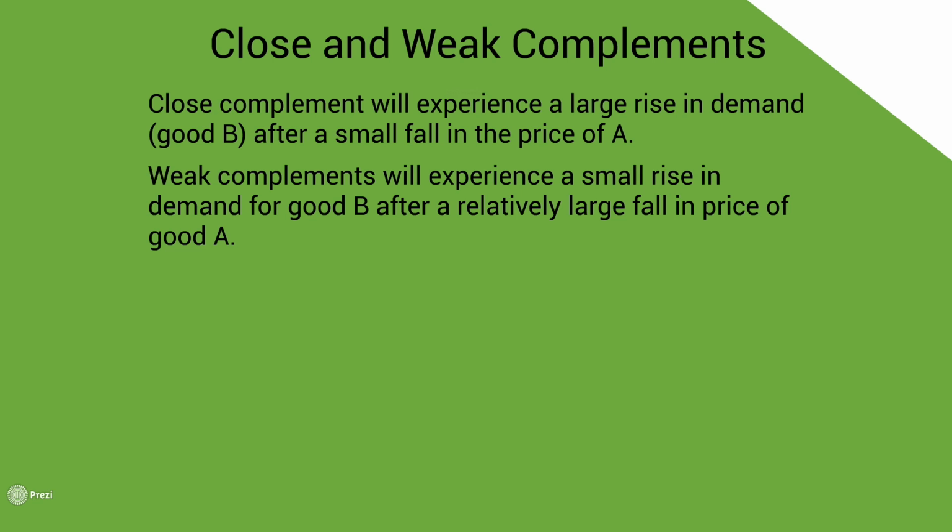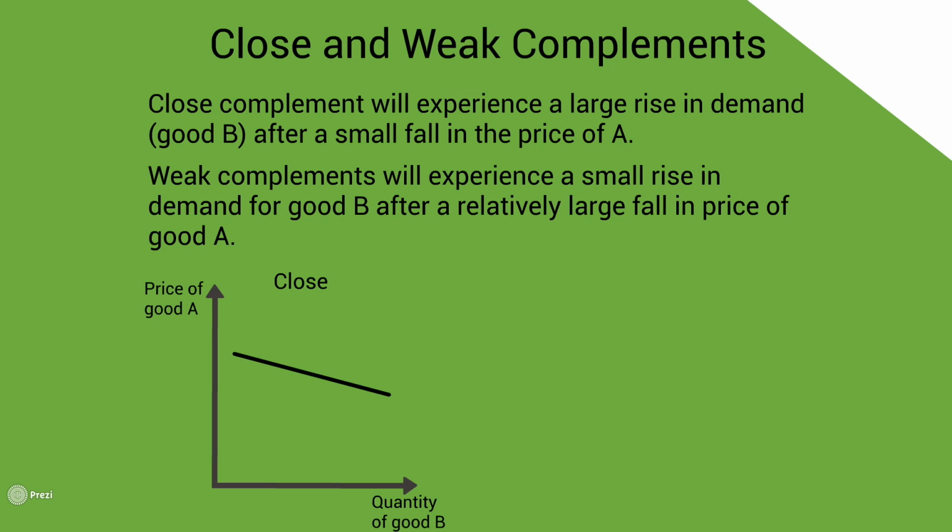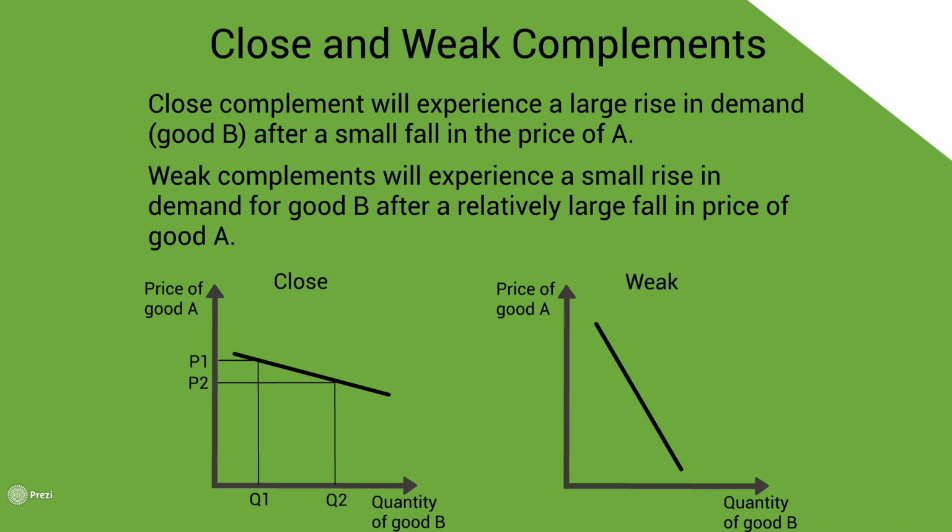We can draw a diagram which plots the price of good A on the y-axis against the quantity of good B demanded. Close complements will have a fairly flat line. This is because a small decrease in the price of A will result in a large increase in the quantity demanded of good B. Weak complements will have a steeper but still negative sloping line.